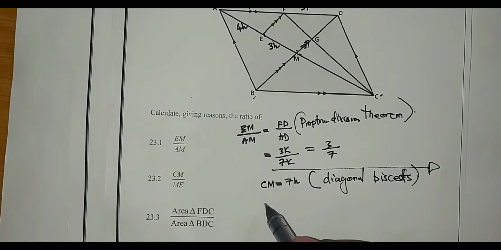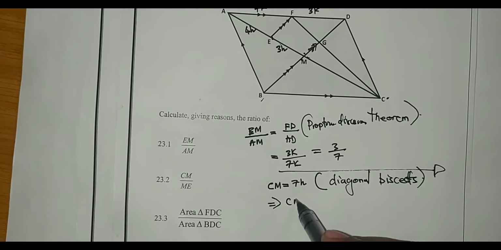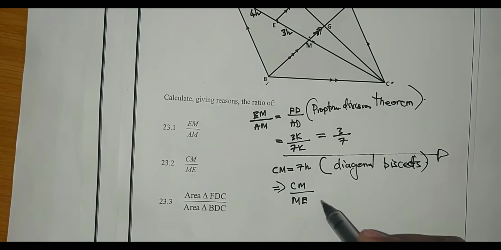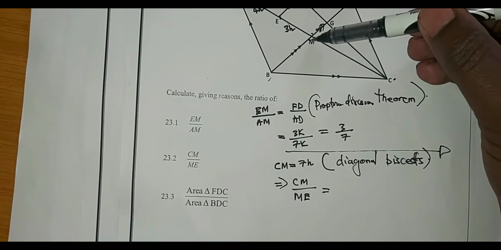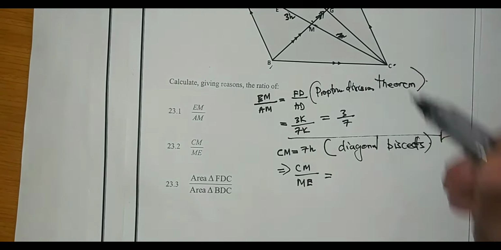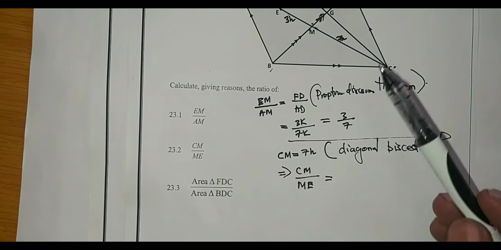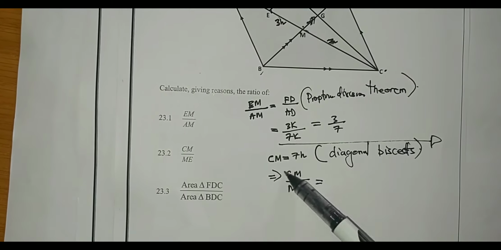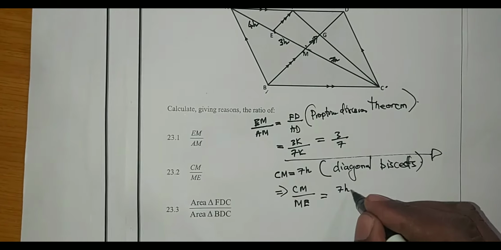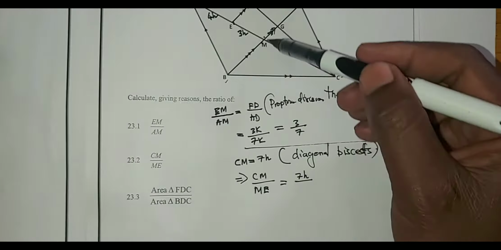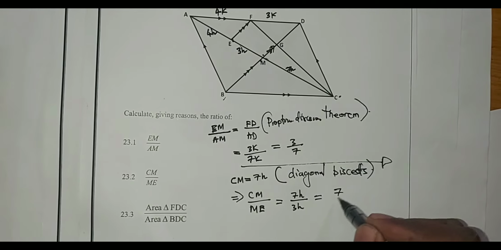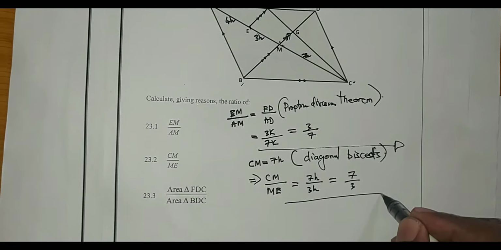Therefore CM over ME is equal to, we are saying CM is 7H. So let me write 7H. Then from there, CM over ME, CM is 7H over ME, which is 3H. Therefore, the answer becomes 7 over 3.